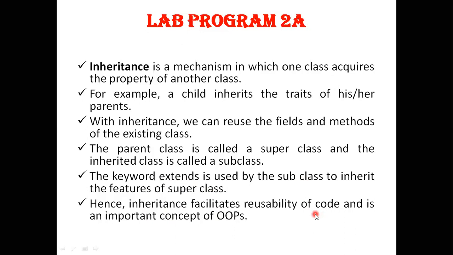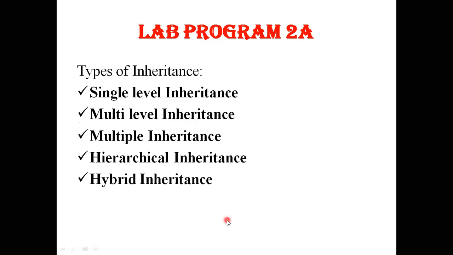So you need not rewrite the code again in the child class. Whatever is there in the parent class, you can reuse it, and it is one of the important concepts of object oriented programming. Next is to know about the types of inheritance. There are five types: single level, multi-level, multiple, hierarchical, and hybrid.